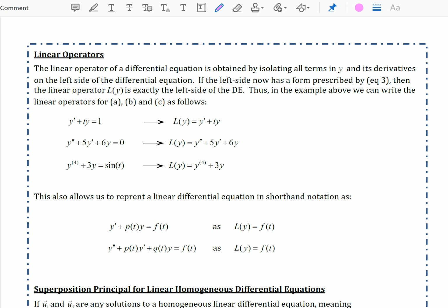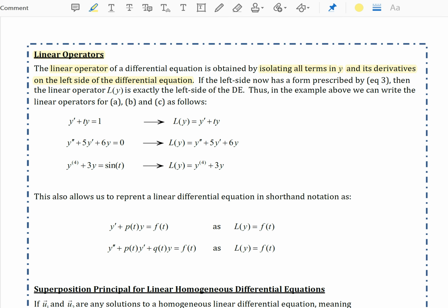Okay, let's add a little bit more theory to our discussion. And I want to introduce linear operators. The linear operator of a differential equation is obtained by isolating all terms in y and its derivatives on the left side of the differential equation.